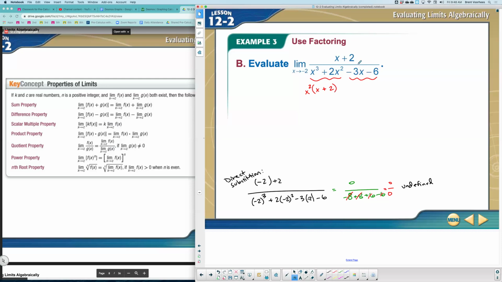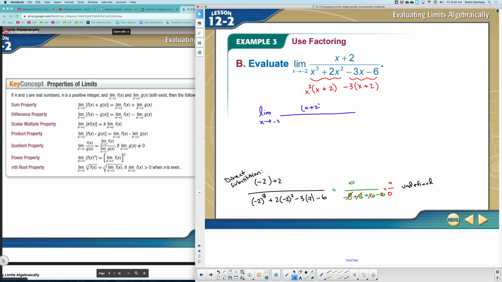Now, we can factor by grouping if it turns out that we have a shared factor over here. As I look, a 3 can go into both of these, and this middle symbol is going to fall straight down. So I'm going to factor out a -3. Factor out a -3, I'm left with an x. -6 divided by -3 is a +2. These two factors are shared. If they do share, you can rewrite this limit in the form, we had x plus 2 up top.